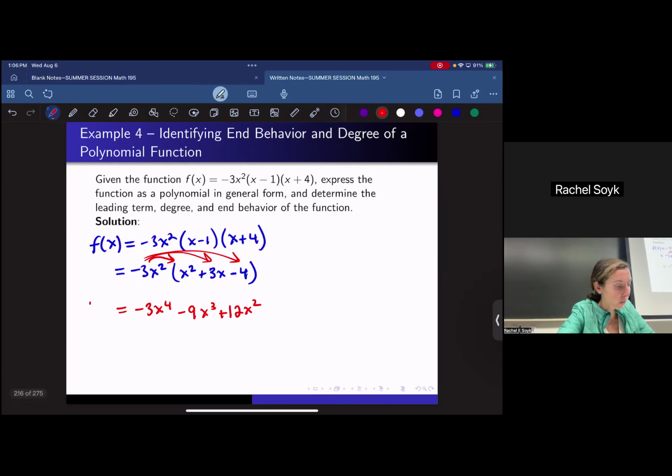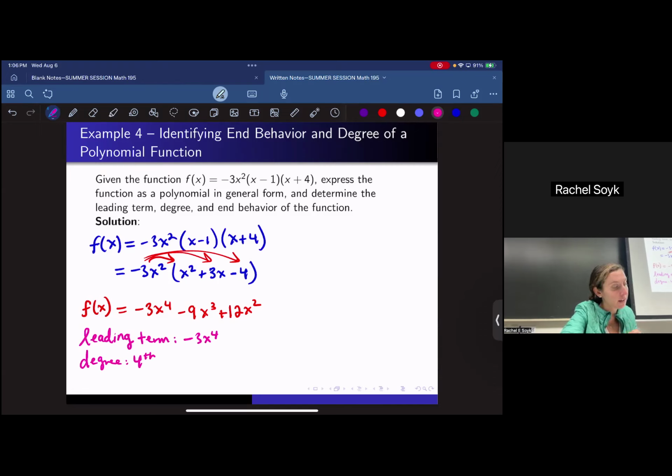And so from what we have in red here, now we can very clearly identify that our leading term is our highest degree, which is our 4th power, so negative 3x to the 4th. And our degree, we're looking at a quartic function of 4th degree.